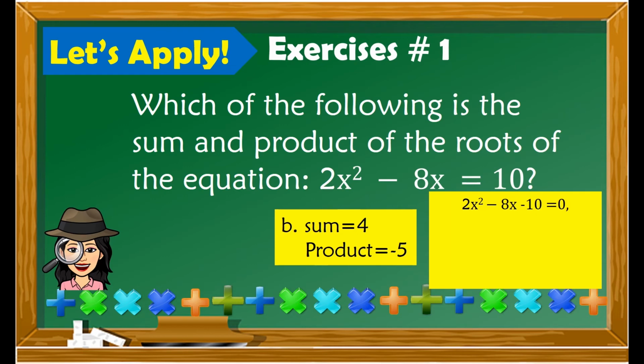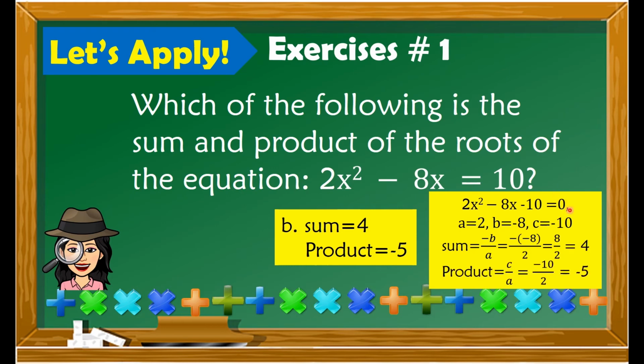So showing that 2x squared minus 8x minus 10 is equal to 0. This is the standard form of the quadratic equation given. So if this is now the standard form, let us identify the values of a, that is 2, b, negative 8, and c, negative 10.